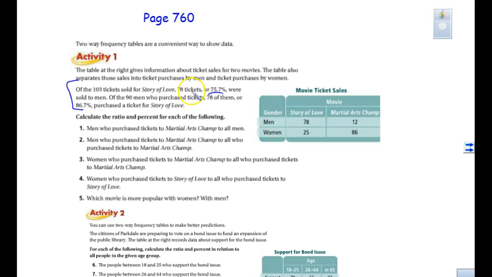In this table, they give you 2 pieces of information on page 760. It says there was 103, so if we look at this and add our total. I want you to turn to page 760, or as you're looking at this, or take out your paper. This one is in your textbook. You will have textbook assignments with this. Any worksheet that I hand out is in the workbook.